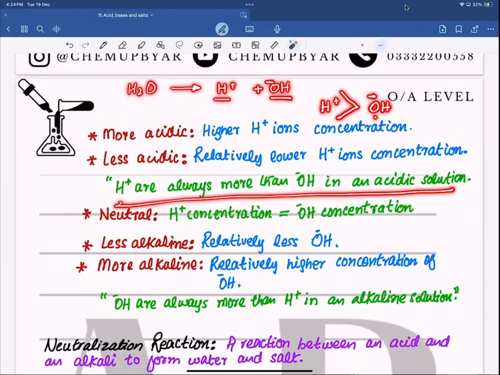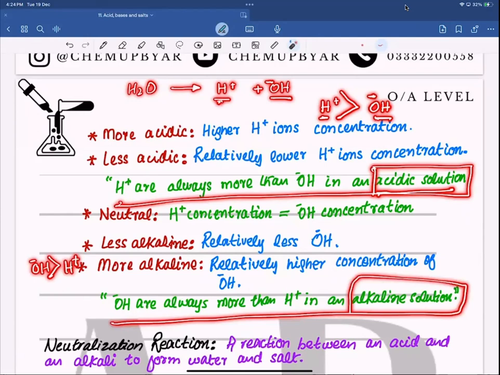So if the hydrogen ion concentration is greater than the hydroxide concentration, then the solution is always acidic. And if it's opposite, like hydroxide ions are greater than hydrogen ions, then the solution is basic or alkaline.